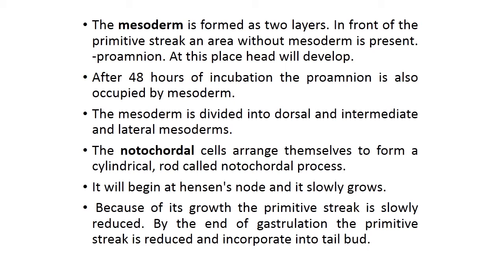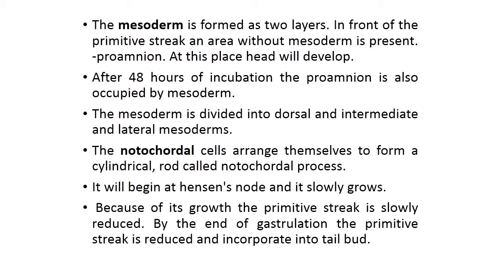The notochordal cells arrange themselves to form a cylindrical rod called the notochordal process. It begins at Hensen's node and slowly grows. Once the primitive streak reaches its whole length, the notochord starts to arise at the region in front of Hensen's node.